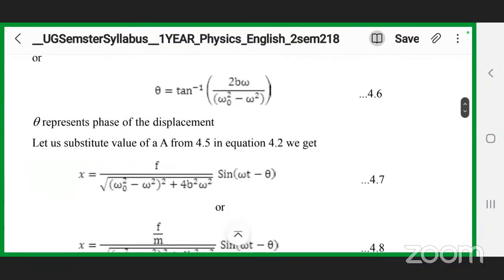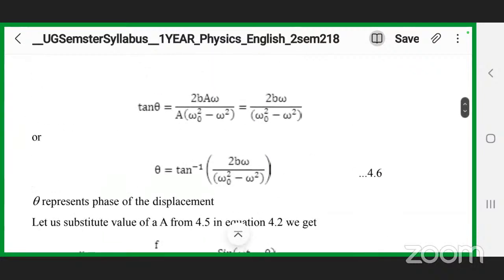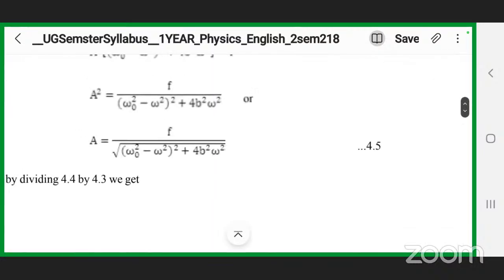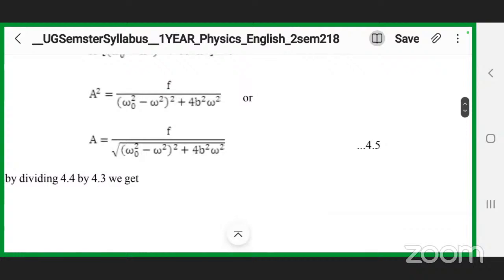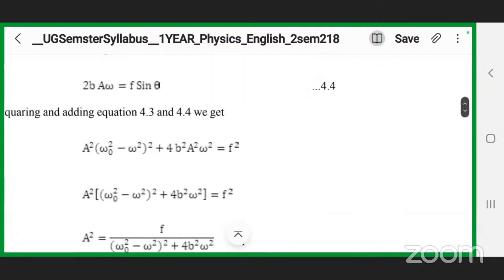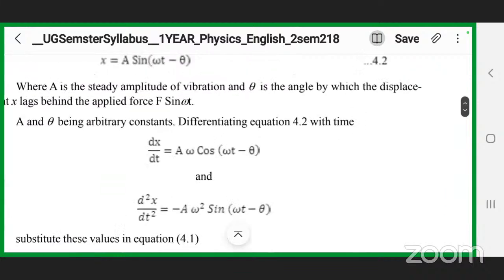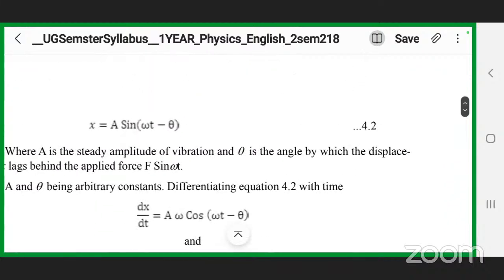Here theta is the phase value, and let us substitute the value of capital A from 4.5 in equation 4.2. Which is the 4.2 equation? Here x equals A sin omega t minus theta.